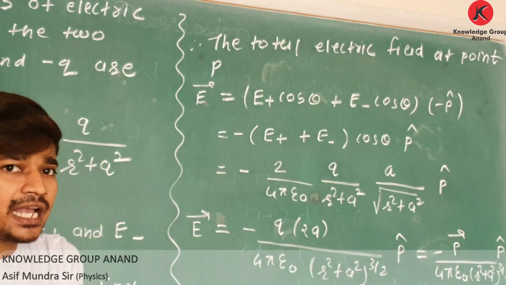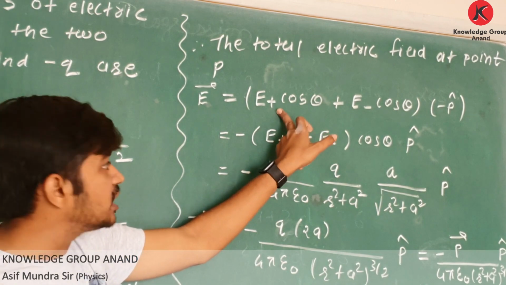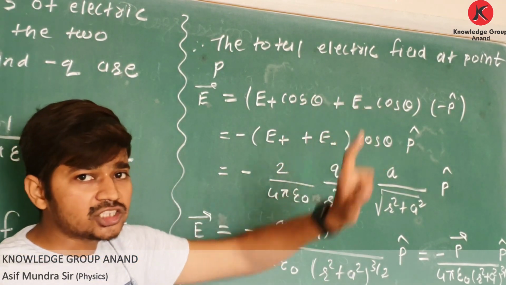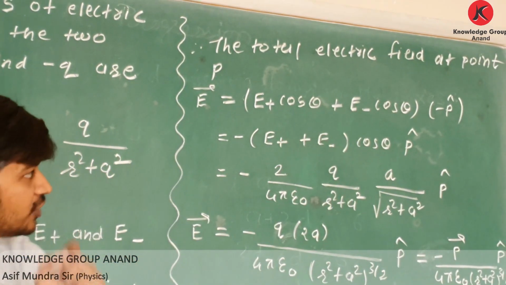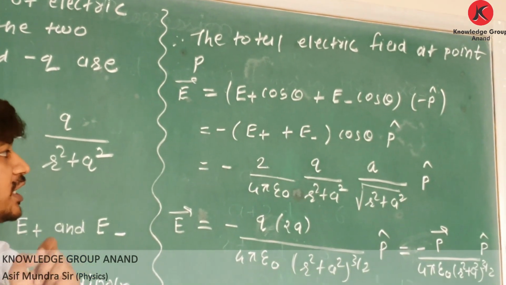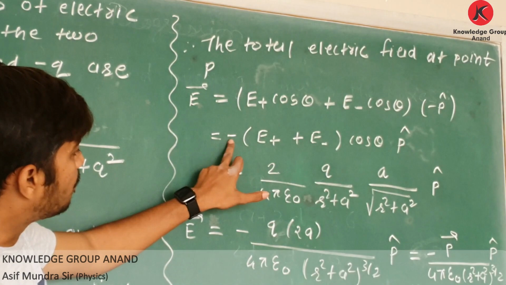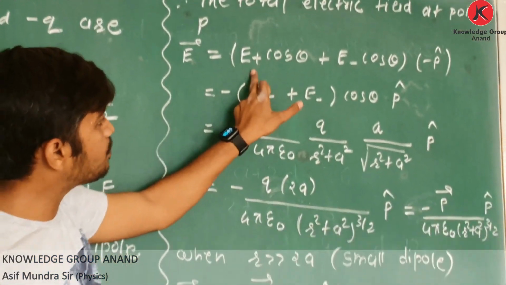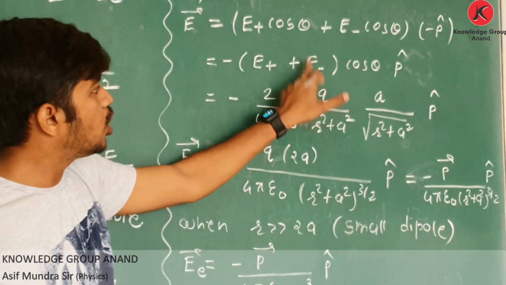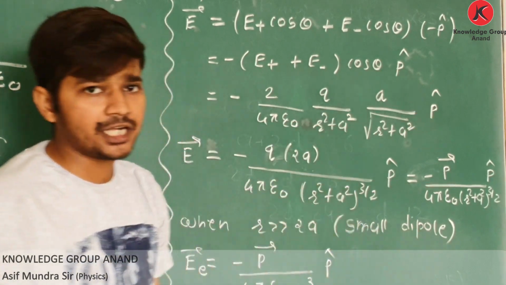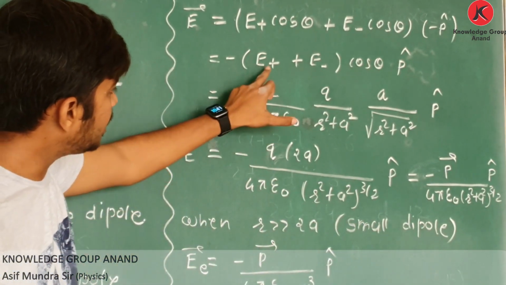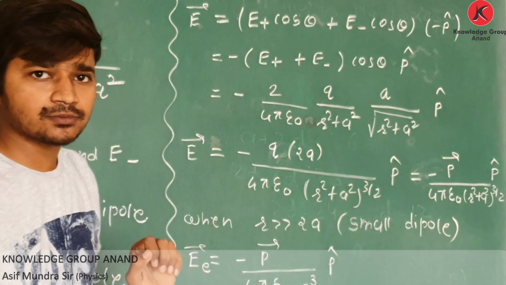Why minus P caret? Because E plus cos theta and E minus cos theta are in the opposite direction of electric dipole moment. Clear?